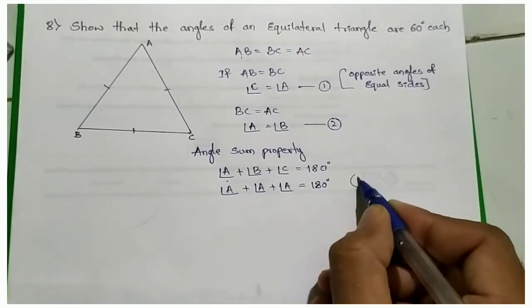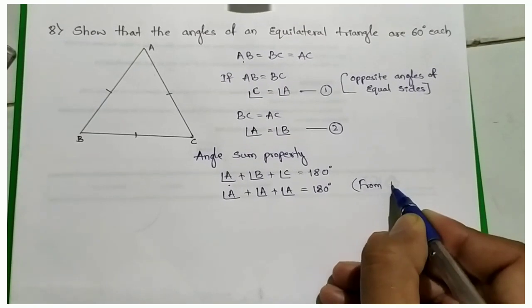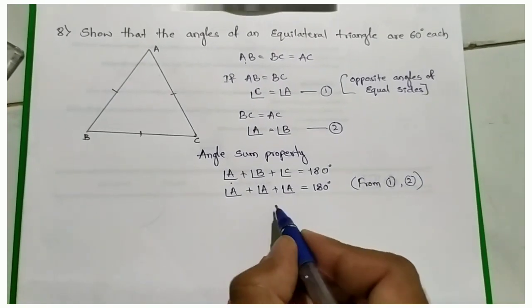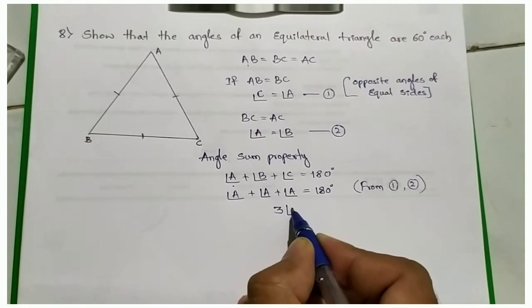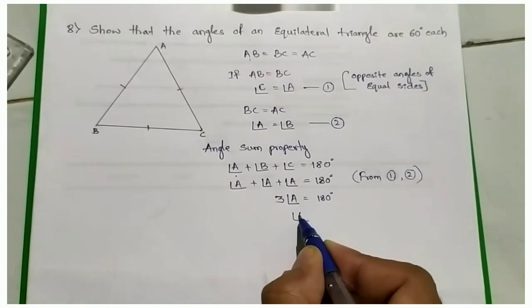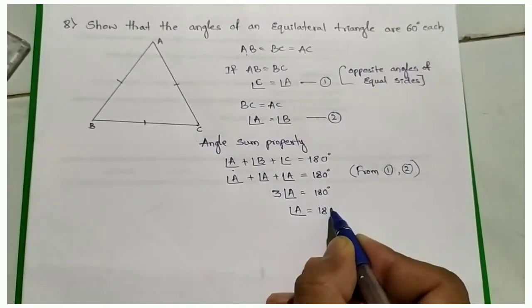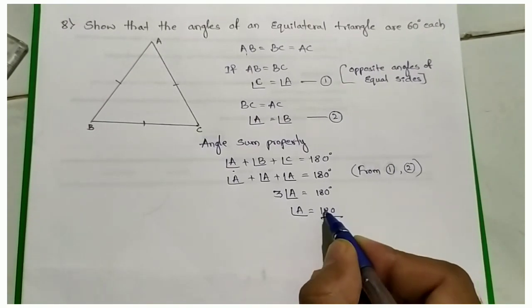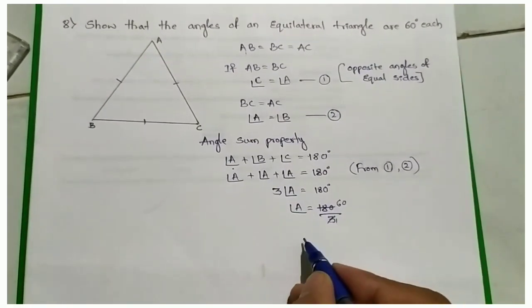So you can write here from equations number 1 and 2. So 3A, 3 angle A equal to 180 degree, then angle A equal to 180 divided by 3, 3 sixes are 18, so 60.